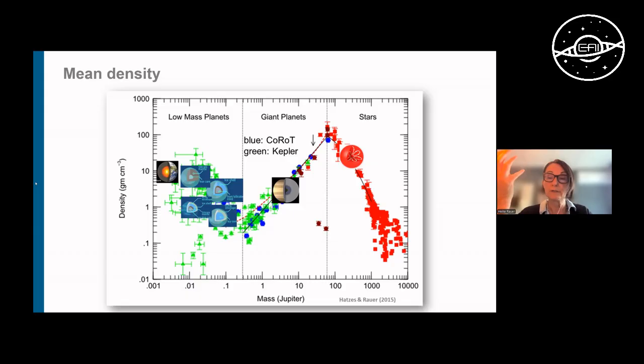So they have hydrogen burning, and the larger the mass, the stars just get denser and denser inside, so the density goes down. But if we stay in the range of the planets, from low mass to giant planets, we see this curve gives a kind of V shape, and the right branch here are the gaseous planets, and in the left branch we have the Uranus-Neptune-like and rocky planets.